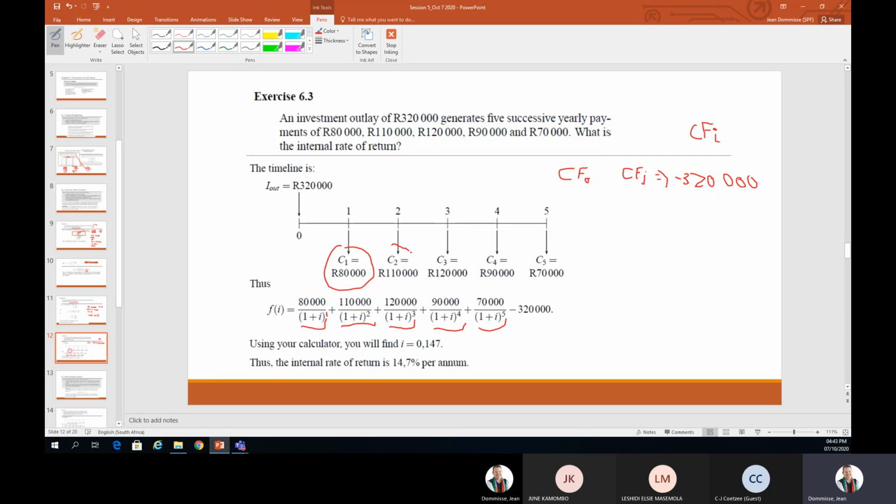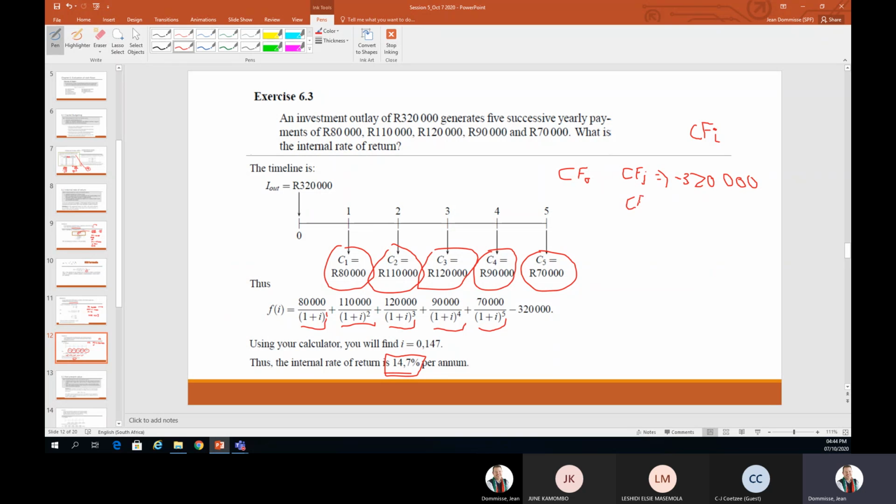So basically, I can put all of those as cash flows into my calculator, and then it is as easy as saying again on my calculator, second function to get to the IRR, and it will work it out as the 14.7%. So it's actually already a built-in function within the calculator.